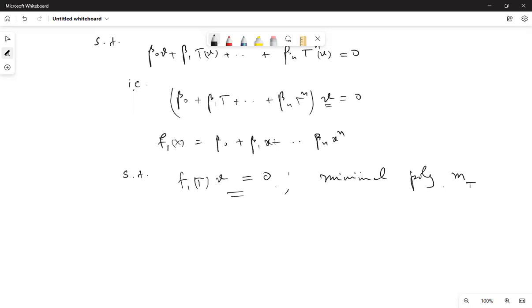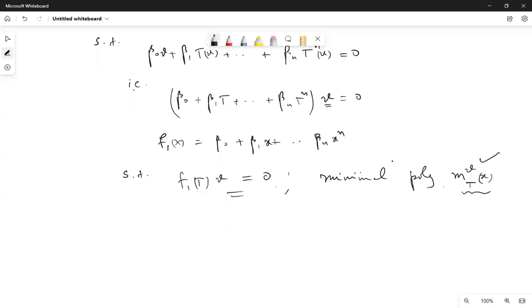Now T is taken into account because we are taking T here, and v is also taken into account, such that this is satisfied by that.